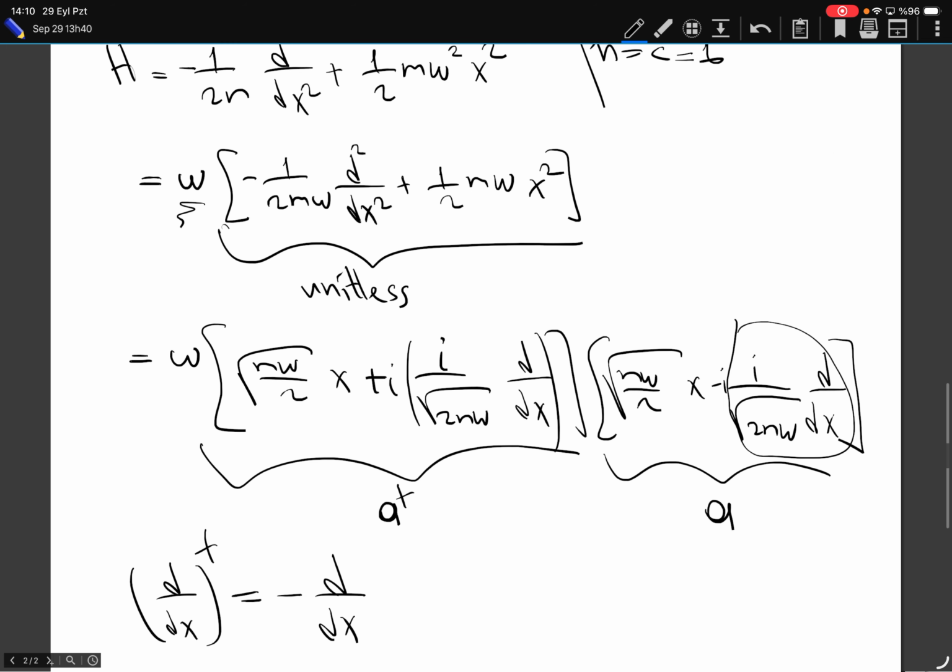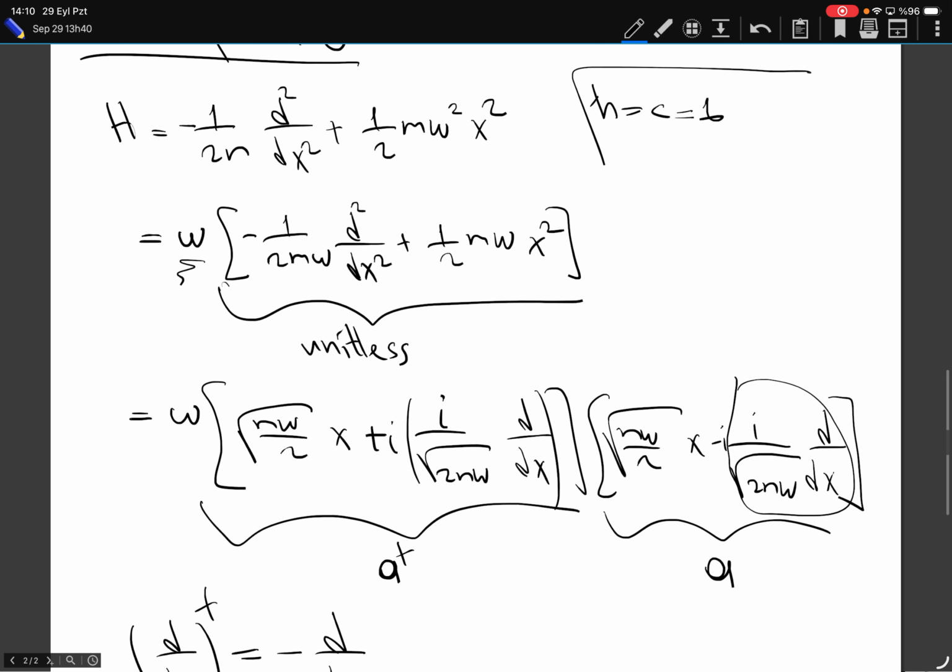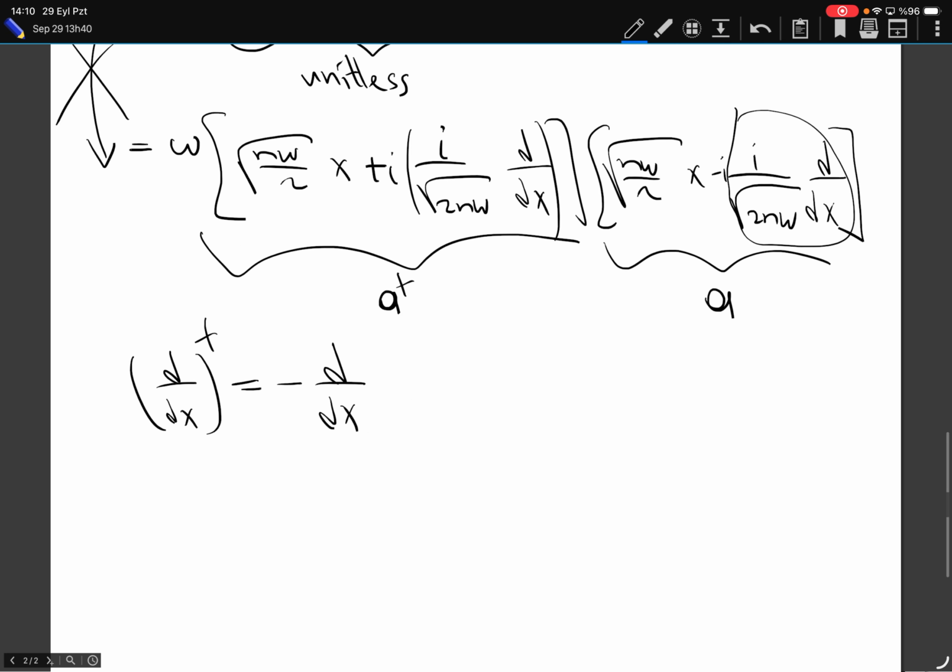Well, of course, I kind of cheated. You see, A dagger A, in this step, it's not strictly correct. The x and the derivative don't commute. So I cannot really do this. I introduced an error over there. Let me see how much error I introduced. Let me just multiply them out. If I multiply these two, I get m omega over 2 x squared.